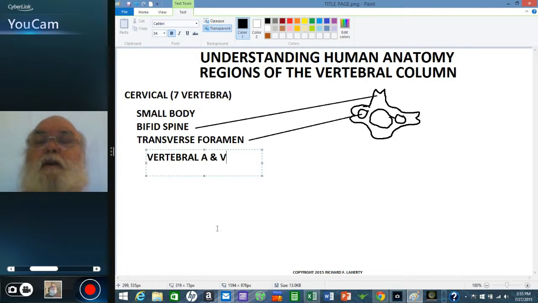The vertebral artery is an important artery for the supply of the brain. And so the structures within this foramen are very important.